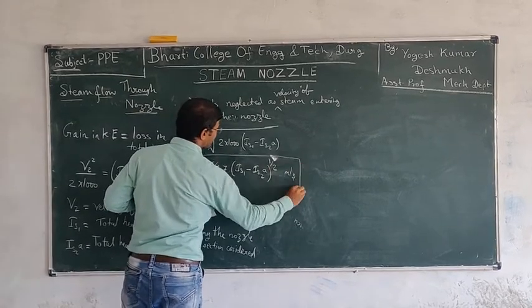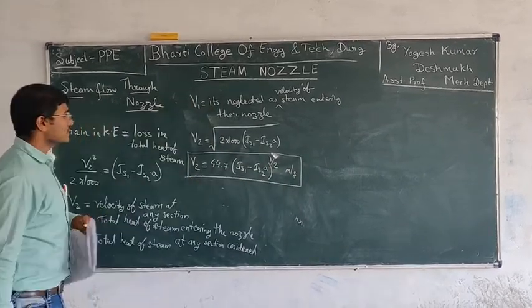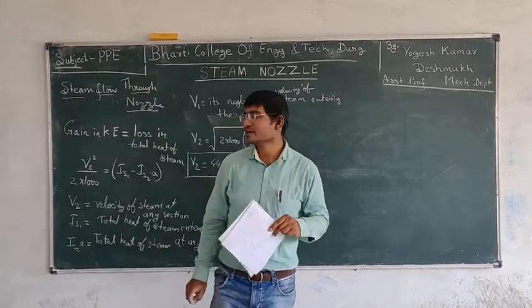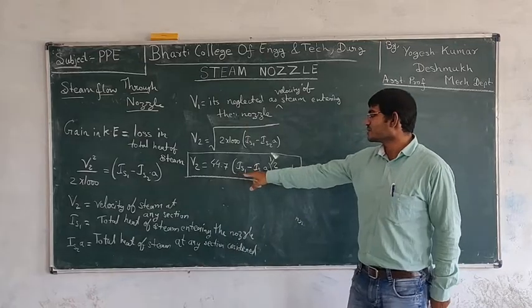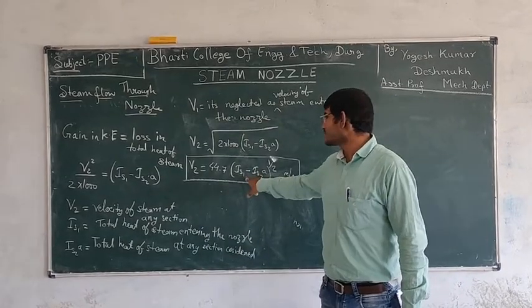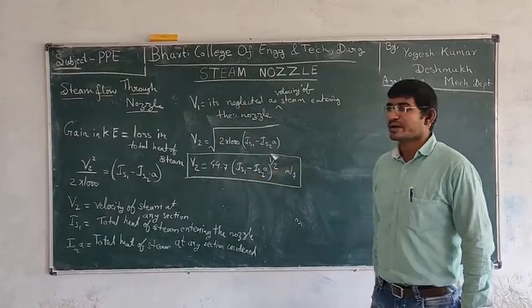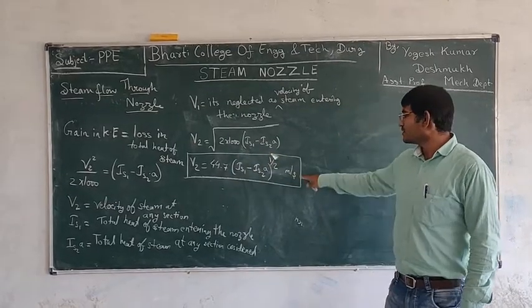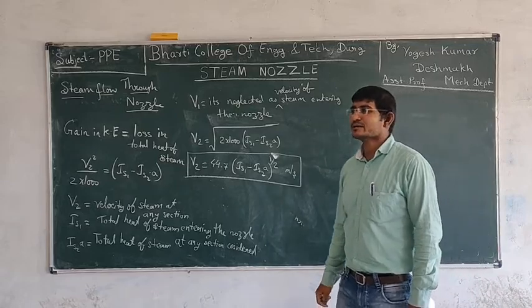This will be V2, the velocity of steam at any point inside the nozzle.